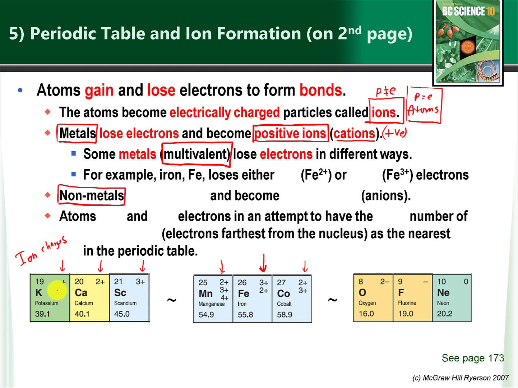And these are metals. So this guy will lose 1 electron because it becomes positive. This guy will lose 2 electrons because he's positive 2. This guy will lose 3 electrons because it's positive 3.